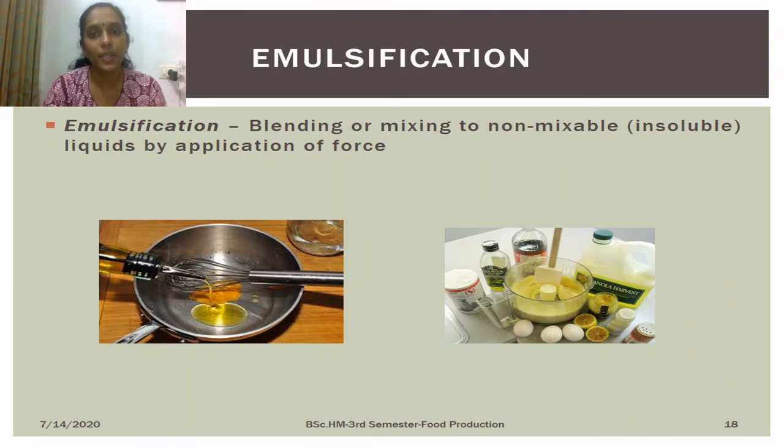A similar process also happens in the making of salad dressings, especially the French dressing or vinaigrette dressing or lemon dressing, where either vinegar, lemon, etc., is combined with the oil by the application of mechanical pressure. But that is a temporary emulsion, whereas in the case of mayonnaise, we find a permanent emulsion.